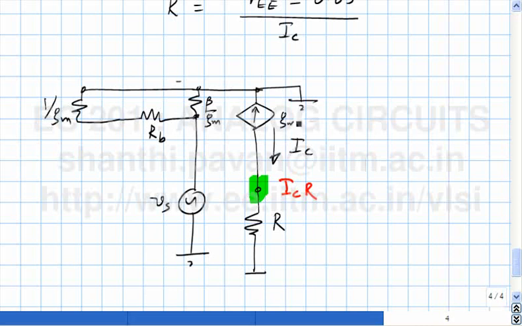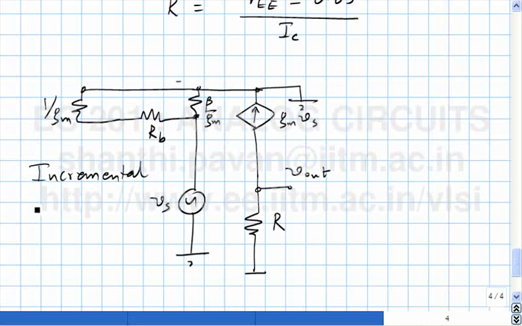This is gm times Vs. So what is the incremental gain? This is the incremental circuit. So the incremental gain, Vo by Vs, is minus gm R, just like what we had in the NPN case. There's nothing new at all. Alright?